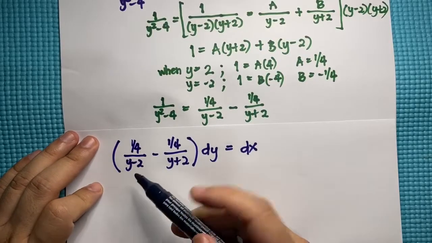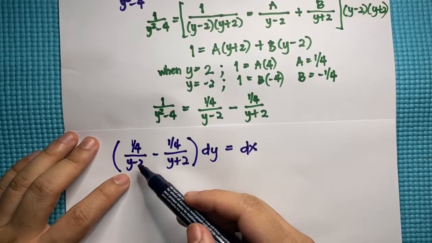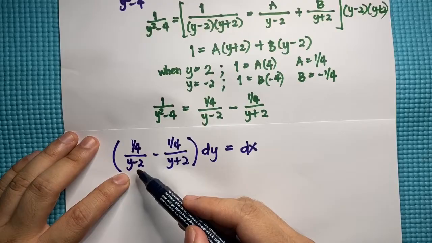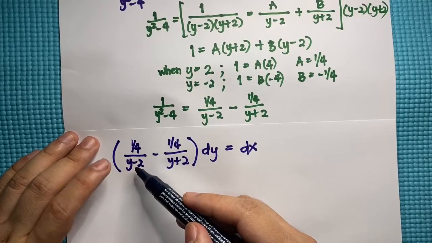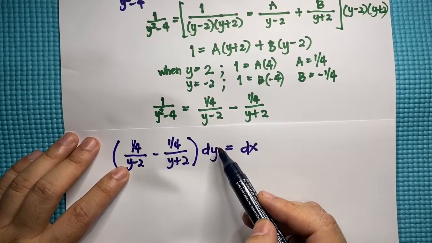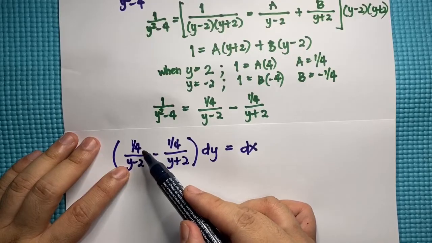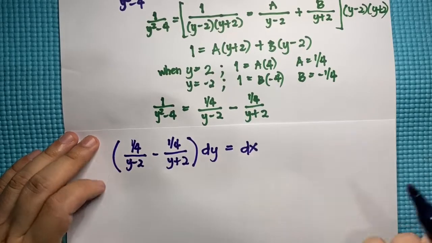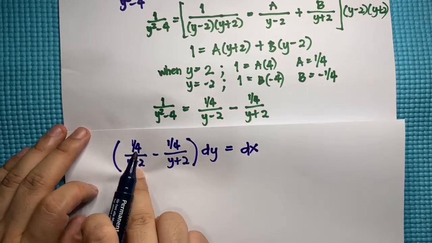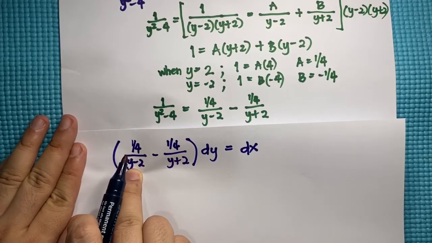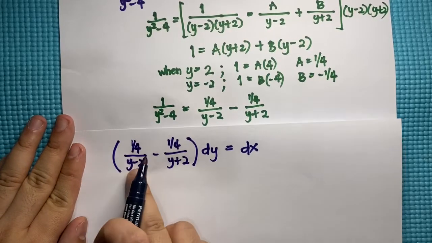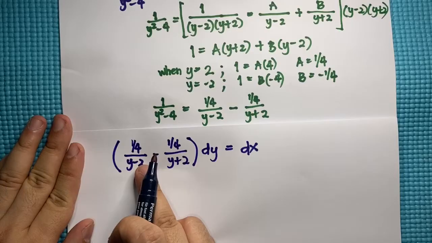From here, we can now integrate the given equation. As you can see here, the denominator is y minus 2, and its derivative, the derivative of y, is dy, which is exactly the numerator of the given term. So the first term can be resolved using the natural logarithm.